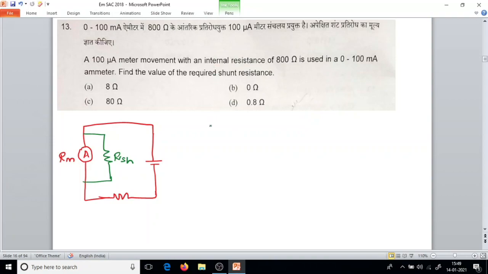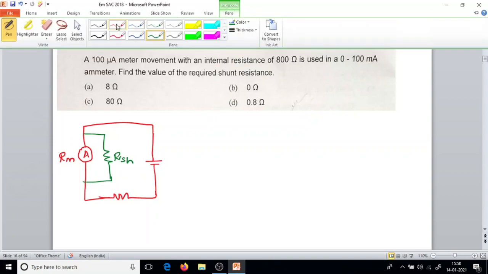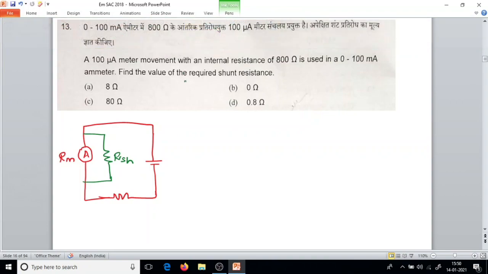So we can write Rm multiplied by Im, the current through the meter, equals RSH multiplied by ISH. Understood? Both are in parallel, so their voltage has to be the same.